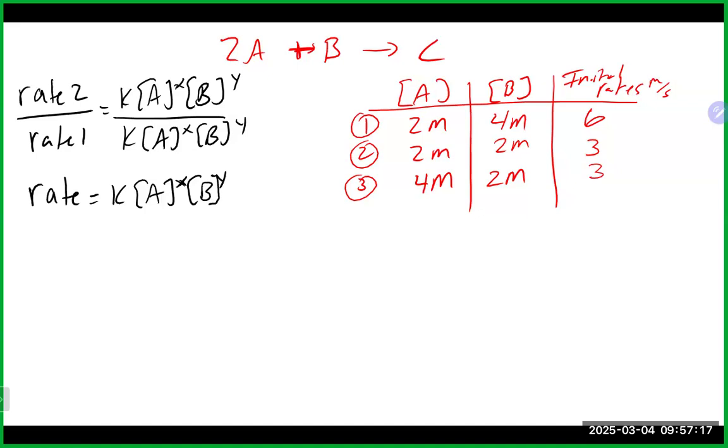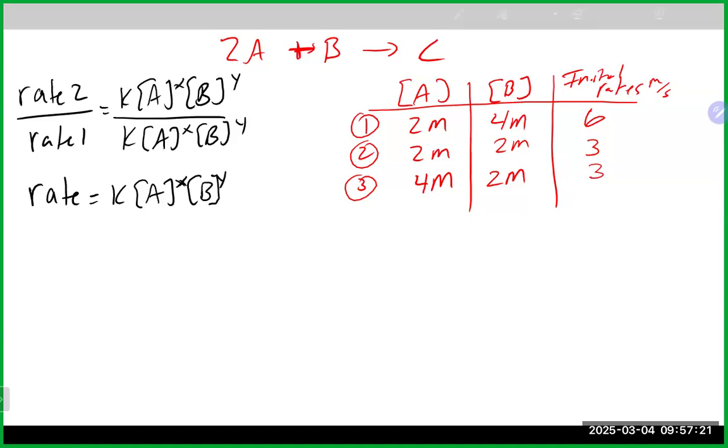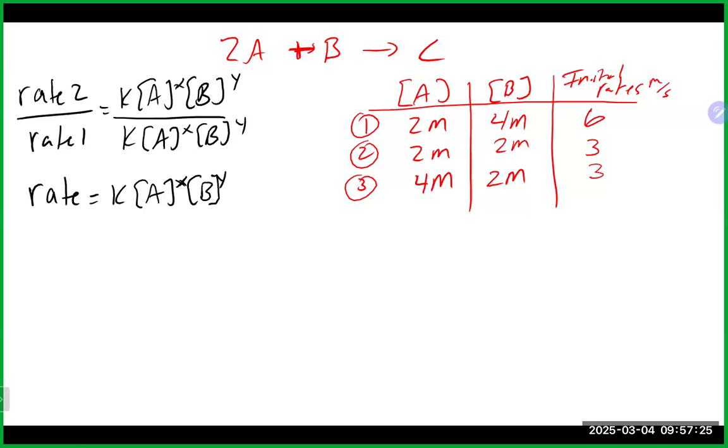When we go to this table, we really want to have as few unknowns as possible, right? So what we're looking for is 2 reactions or 2 entries in this table where one of the reactants stays the same and the other one varies. That's going to give you really only one unknown at a time. If you happen to have 3 reactants, you would have 2 reactants stay the same and one vary.